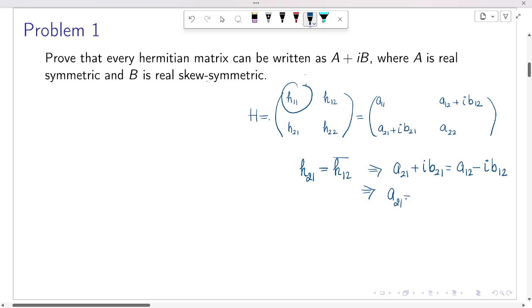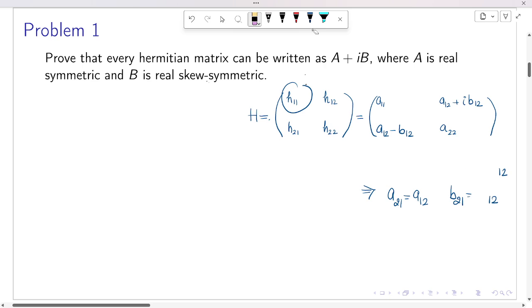That A21 is equal to A12 and B21 is equal to minus B12. So let us replace this A21 by A12 and this B21 by minus B12. So we have that this matrix H is of this form.